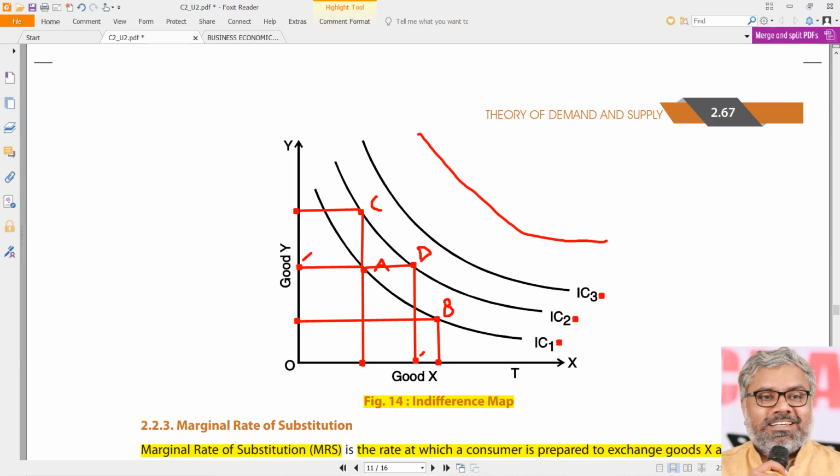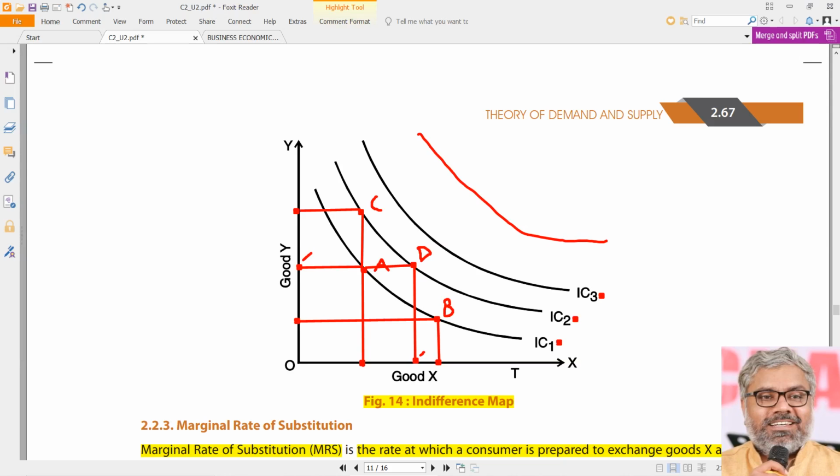Directly we can go to IC3, because that is giving maximum satisfaction. Why should the consumer break his head about IC1 and IC2? He will directly go to IC3 and consume whatever the quantities of good X and good Y are, and he will fantastically get a higher level of satisfaction. He can do that, right? Because he is getting higher satisfaction directly by consuming more quantities of good X and good Y according to IC3.